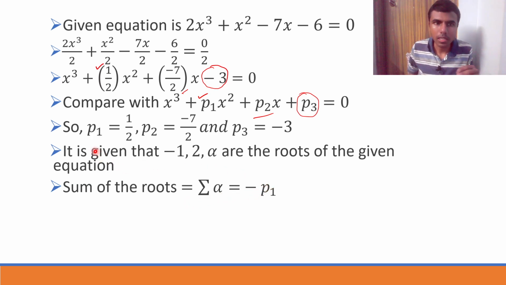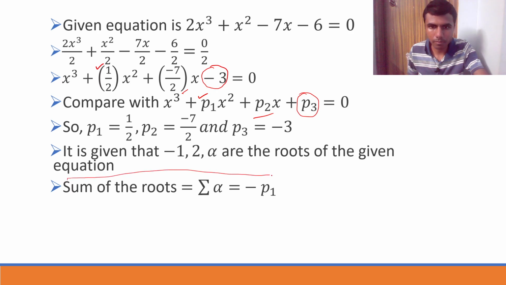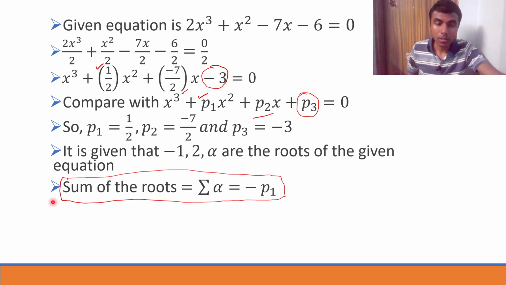Here it is given that minus 1, 2, alpha are the roots of the given equation. What we know is that the sum of roots is minus p1. This is a formula you can remember for a cubic equation.